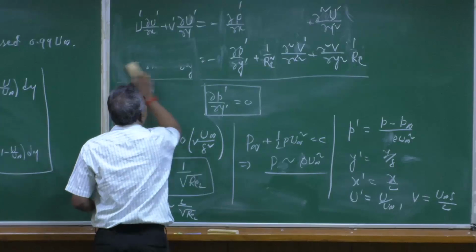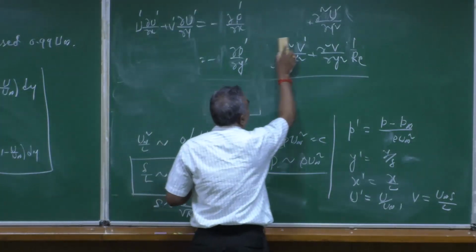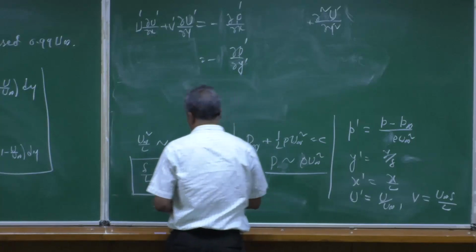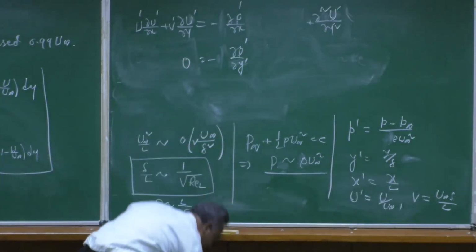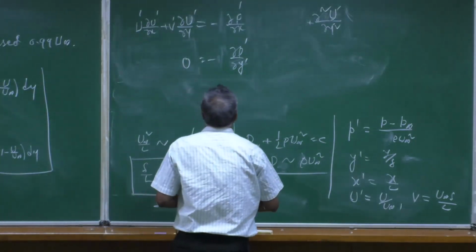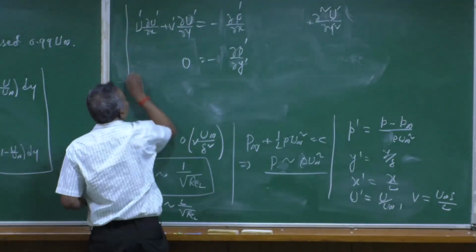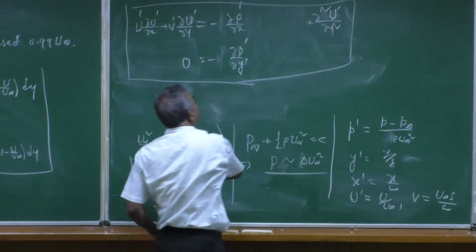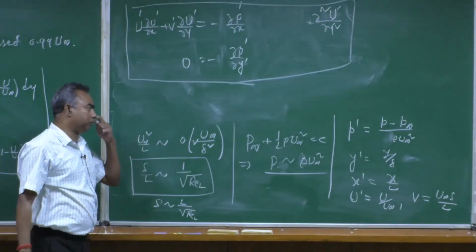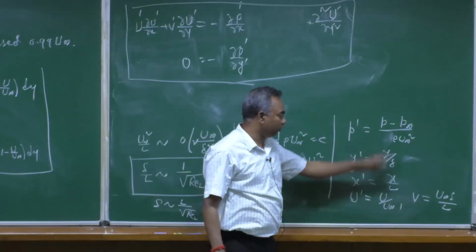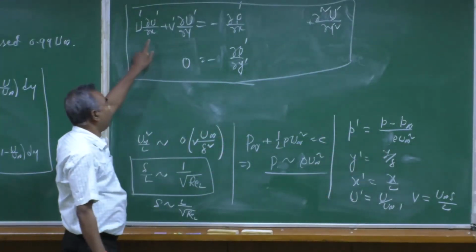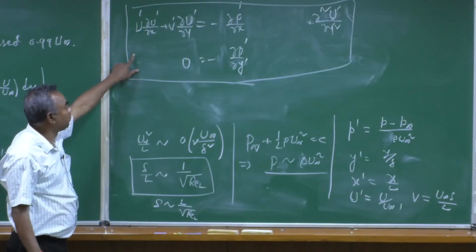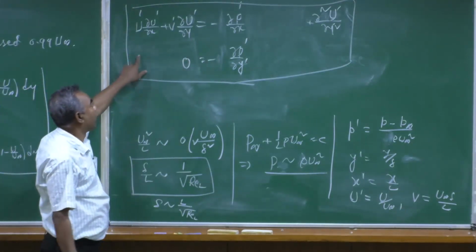So, essentially your boundary layer equation is this. Based on this understanding, we can simplify the two dimensional Navier-Stokes equation as this for boundary layer flows.